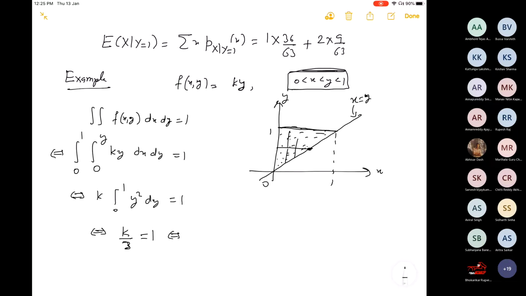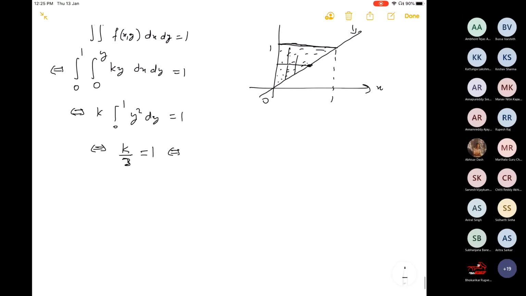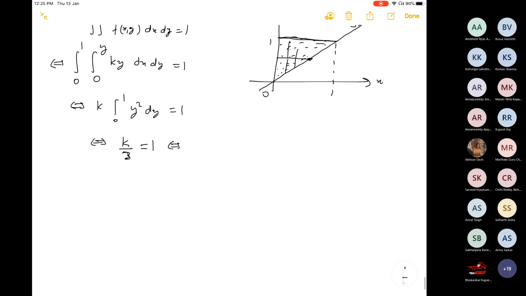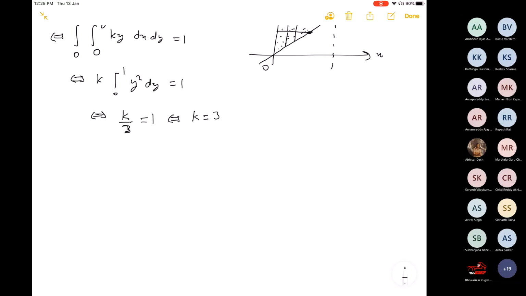So therefore k is equal to 3. What is the marginal of x? So that will be integrating the joint over y.